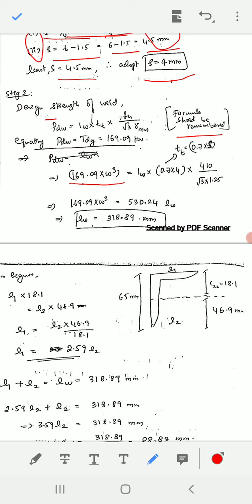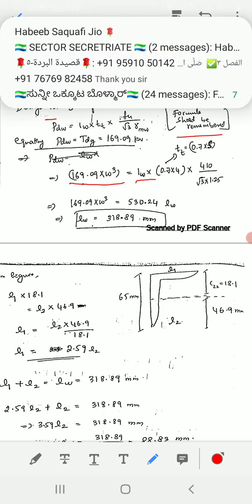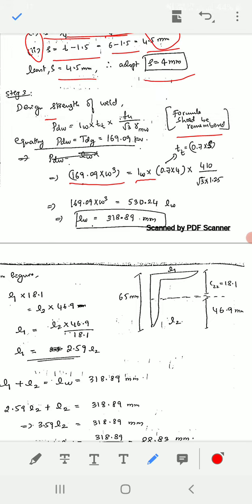That is why into 10 raised to 3, you have to convert into Newton. Then Lw you keep as it is. Then 0.7 into 4, that is the Tt value. For Tt there is a formula, that is 0.7 into S. What do you mean by S? That is the size of weld we just calculated, 4 mm. So 0.7 into 4.